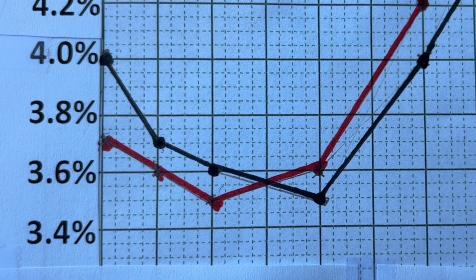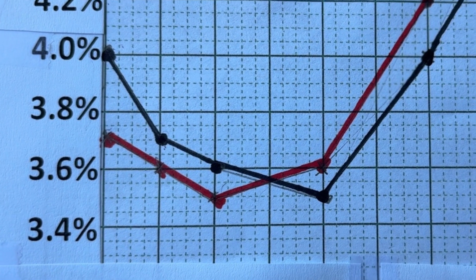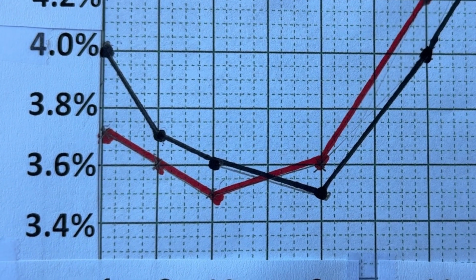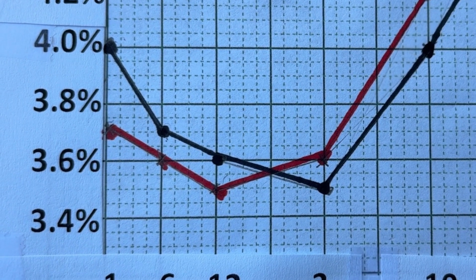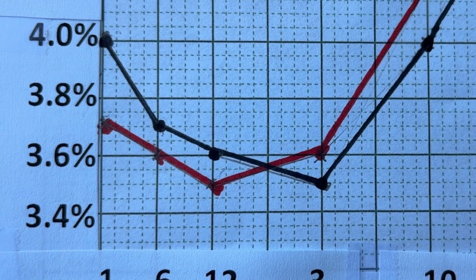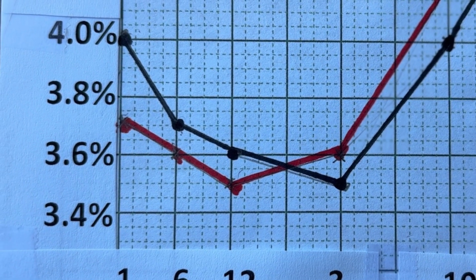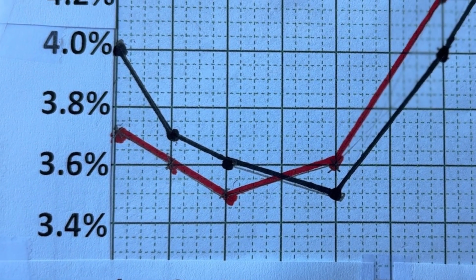So let's look at the black line, and we can see that the 1-month yield as of the close of trading on Friday the 5th was just a little over 4%, and so there's our dot.